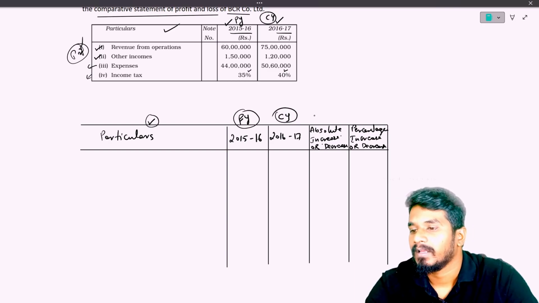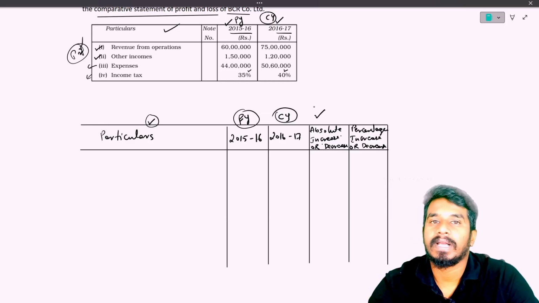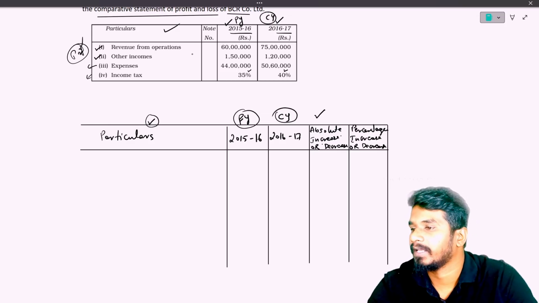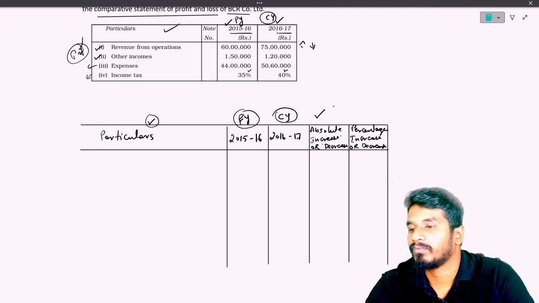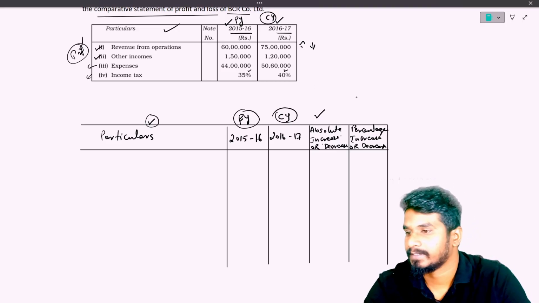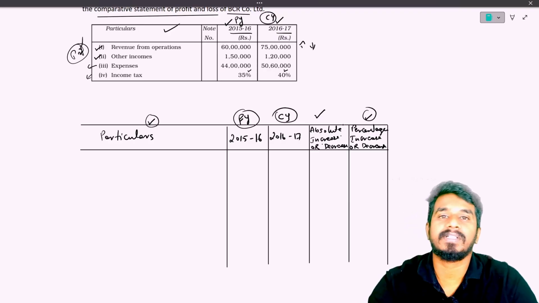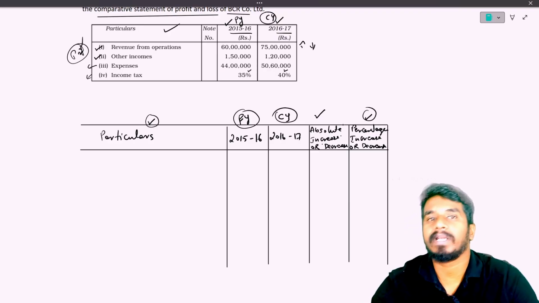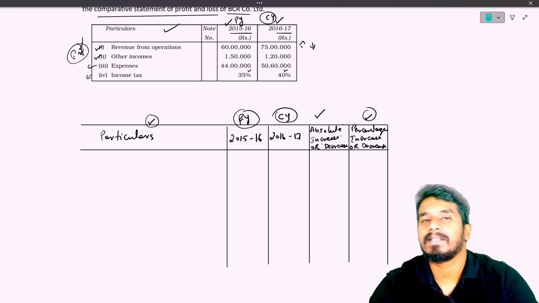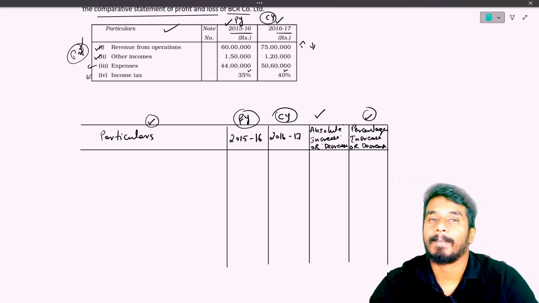Then absolute increase or decrease, whatever they have given, whether it has increased or decreased, we need to find out that. Then you need to find out the percentage of increase or decrease. So let us solve this question. We'll understand it much better.